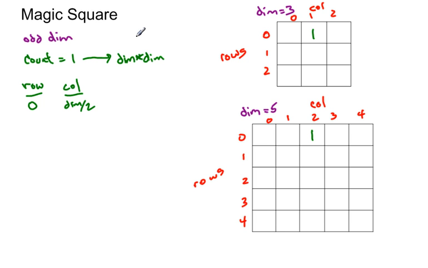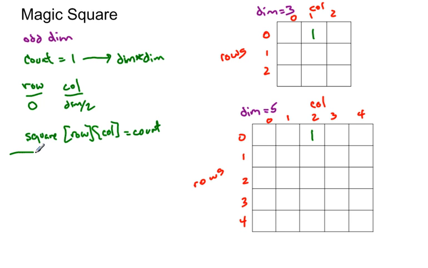So for instance, that would be 9 or 25 is where we end. So we're going to have a for loop that starts at 1 and goes all the way through dim times dim. And then to place something in the square, and I don't know what you're going to call your array, but you could call it something like square, you would say square row column equals count. And you've now just placed the number 1 into row 0, column dim divided by 2.